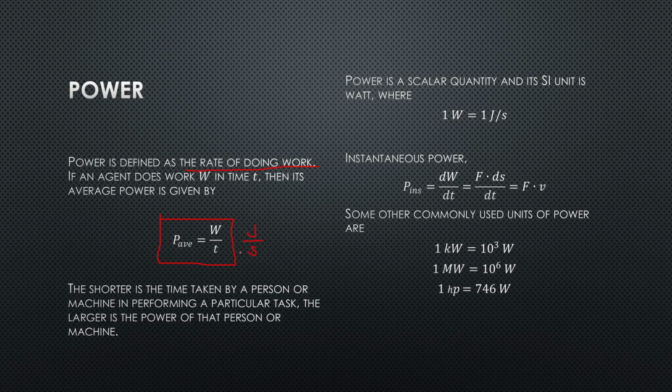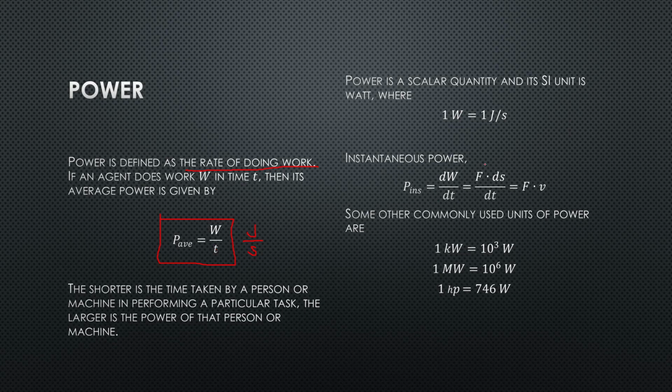So if time is given in minutes, you need to convert that to seconds. Similarly, if time is given in hours, you need to convert that to seconds. Okay, so take note that power is joule per second, so work per unit time.